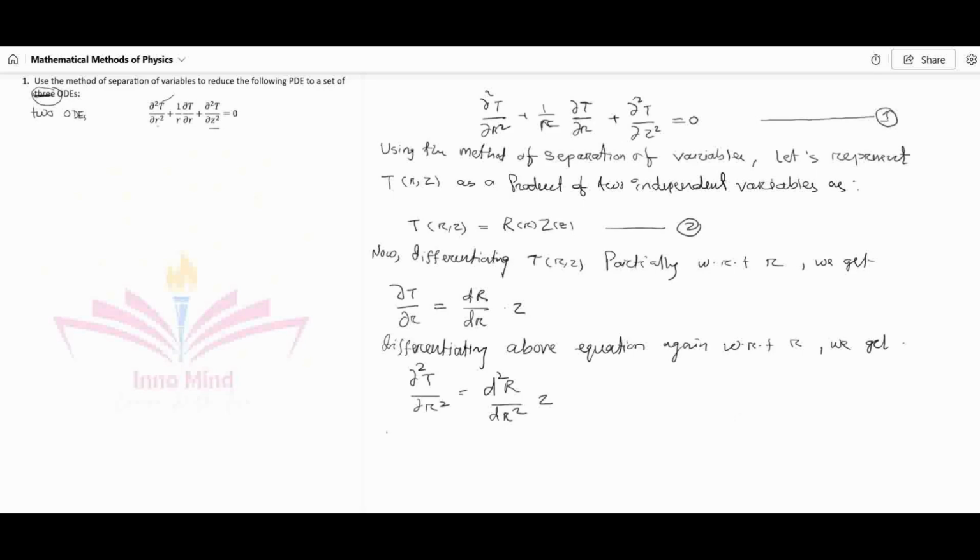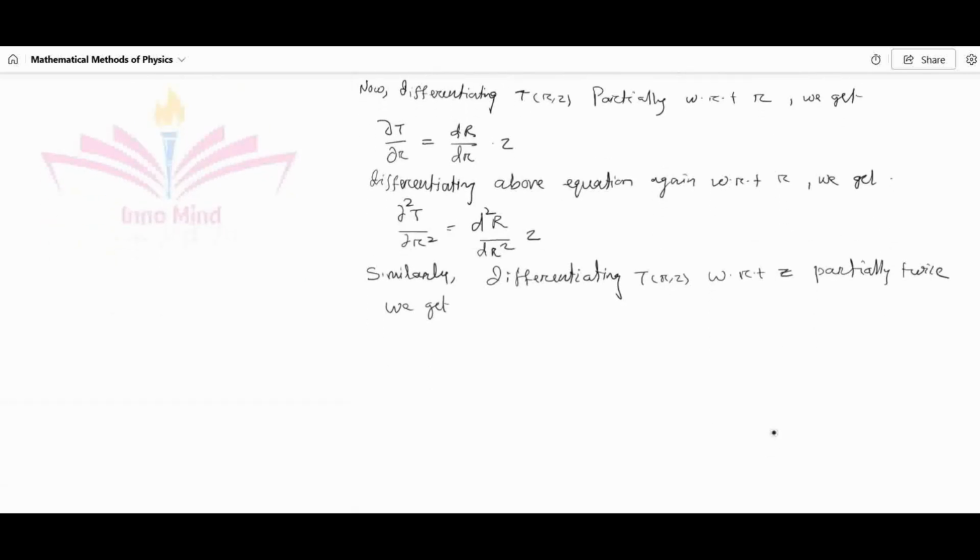Similarly, differentiating T(r, z) partially with respect to z, we get, what will we get?